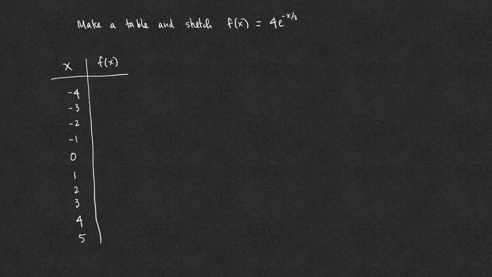X is the placeholder. So for example, when x equals 0, we would evaluate 4e to the -0 over 3. E to the 0 is 1. 4 times 1 is 4. We then plug 1 into the function 4e to the -1 over 3 and use a calculator to evaluate this.